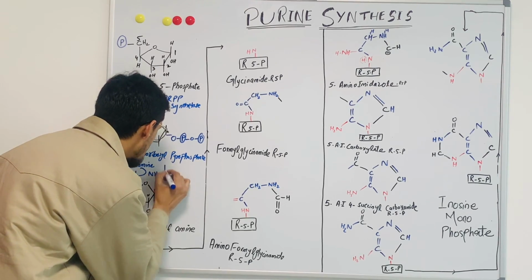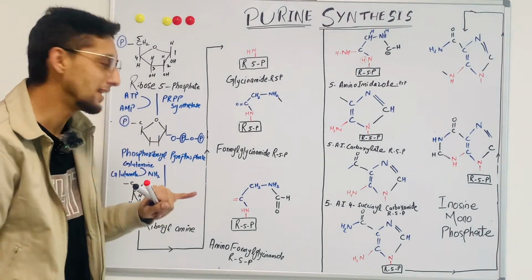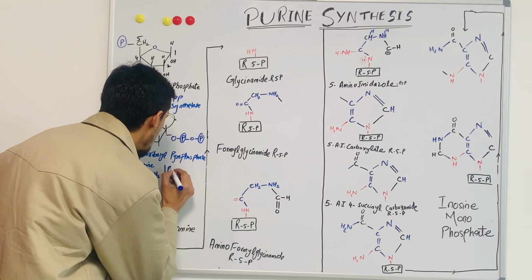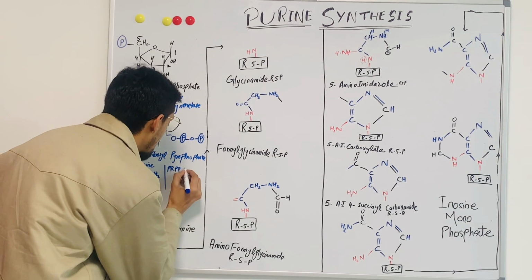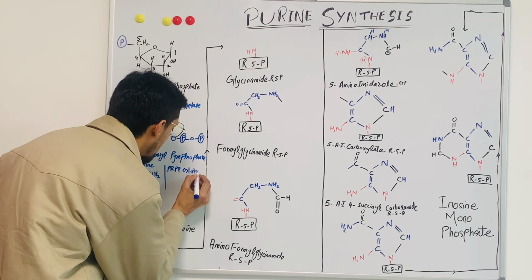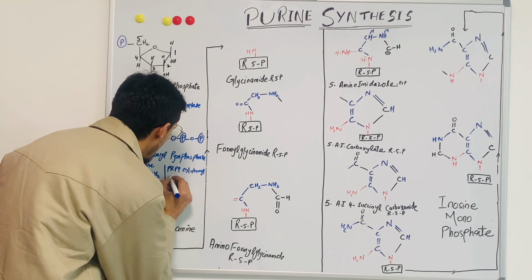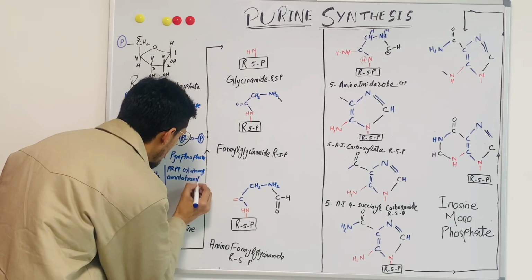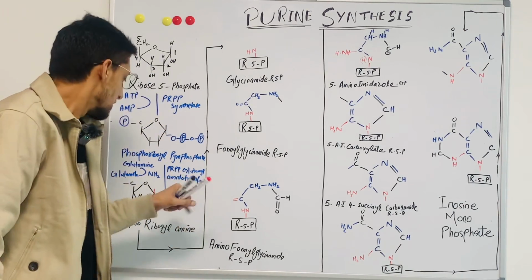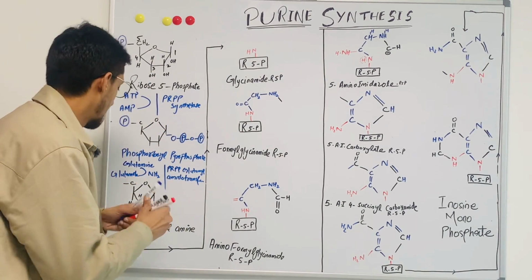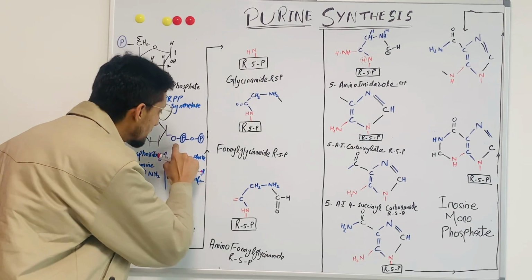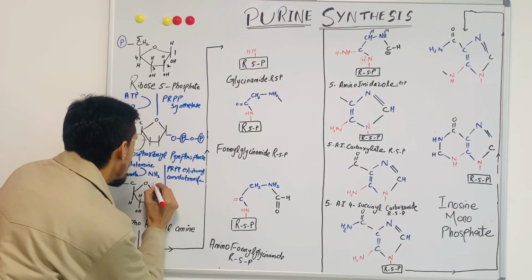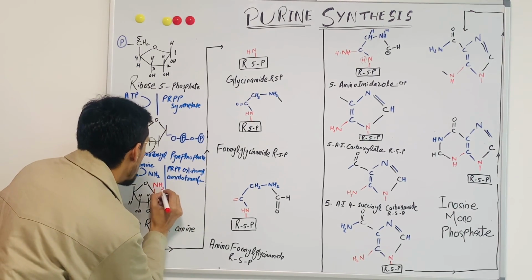And this reaction is catalyzed by an enzyme, PRPP glutamyl amidotransferase, right? So what happens? Now it will remove this pyrophosphate portion and gets attachment of the amine portion.